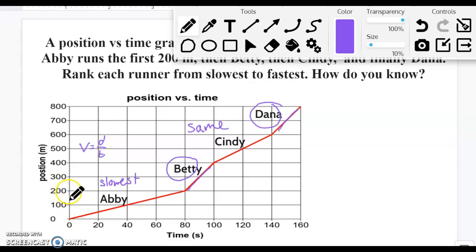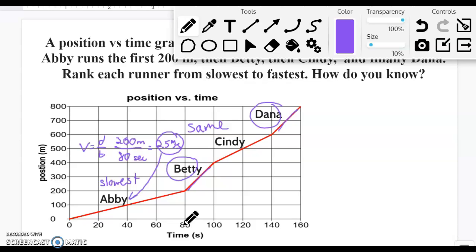We look along the position side. She went from the beginning to the end, 200 meters, in 80 seconds. And if we divide those, we get 2.5 meters per second for Abby.